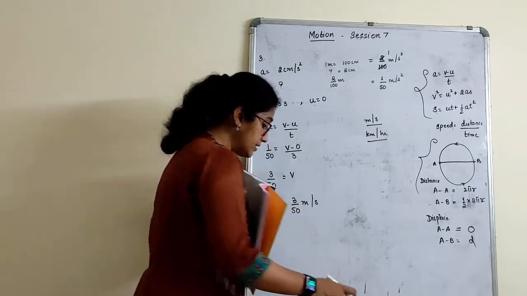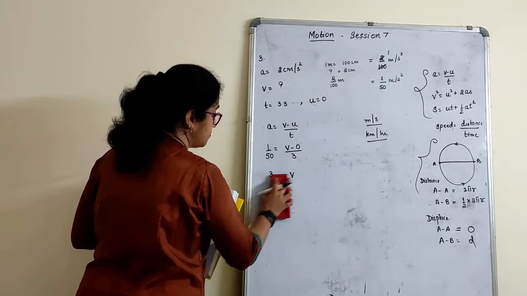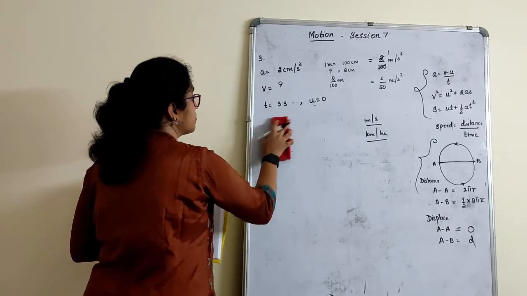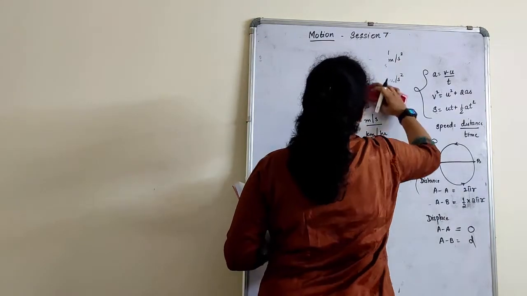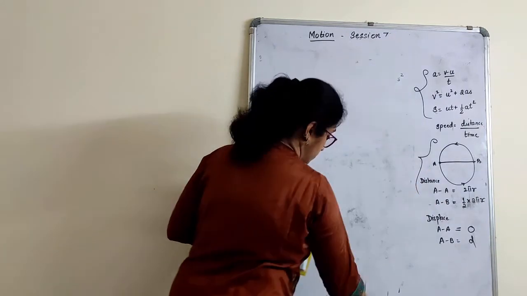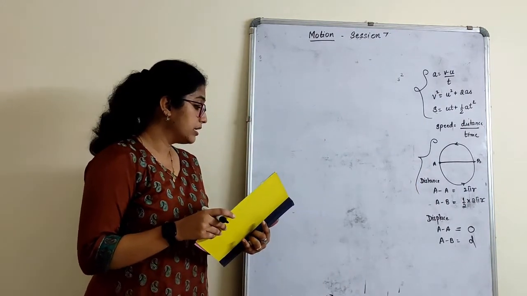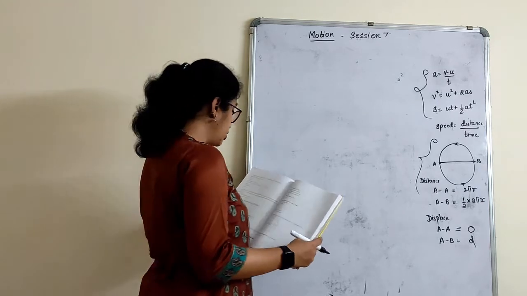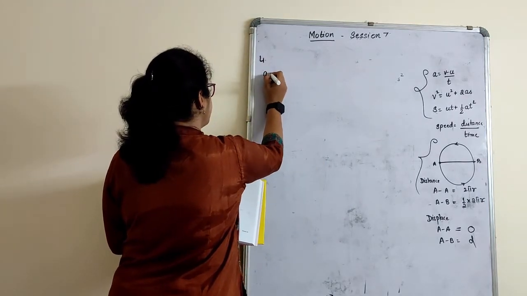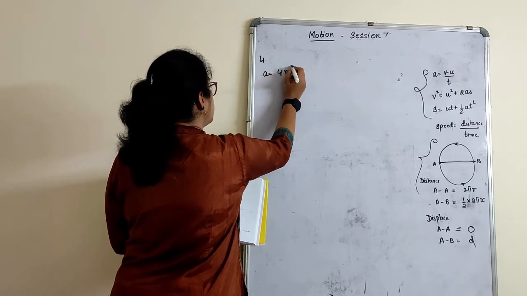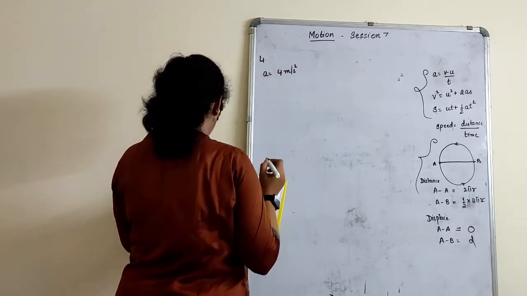A car racing, I'll just erase this. A car racing has a uniform acceleration 4 meters per second square. So acceleration is 4 meters per second square.